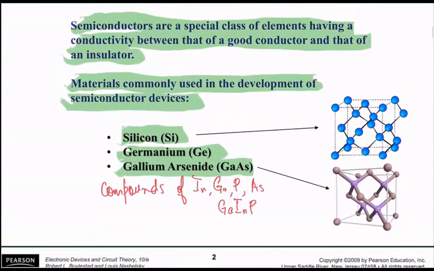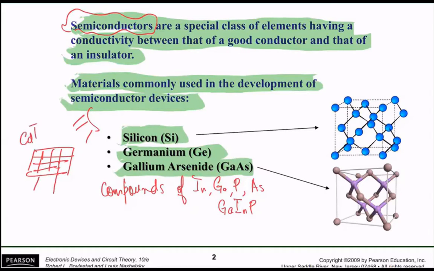You guys must have seen a lot of solar panels in Massachusetts. All these solar panels are made up of semiconductors. The most widely used semiconductor material for these solar panels is cadmium telluride, and silicon is also very widely used.